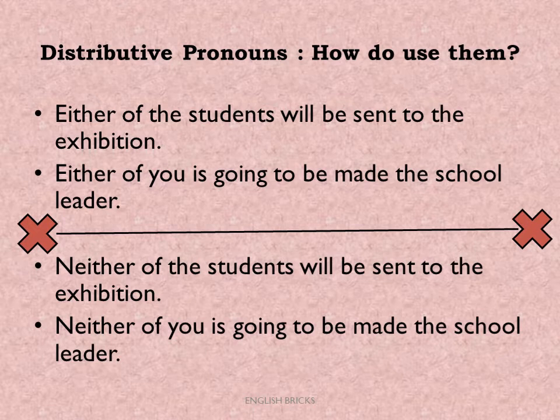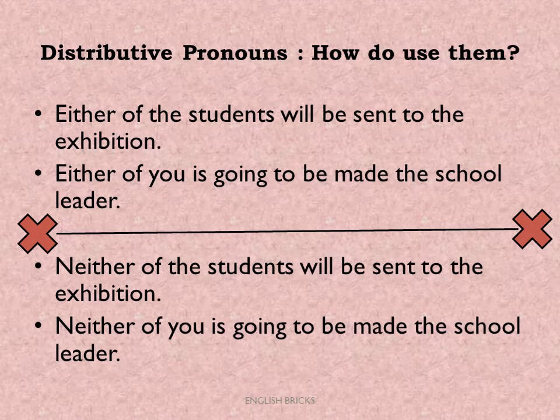Either of the students will be sent to the exhibition. The verb there is will, but you want to check the rule, you see here. Either of you is going to be made the school leader. Either is singular. You is again plural because there are two people there, either of you. And either of is used for positive information.